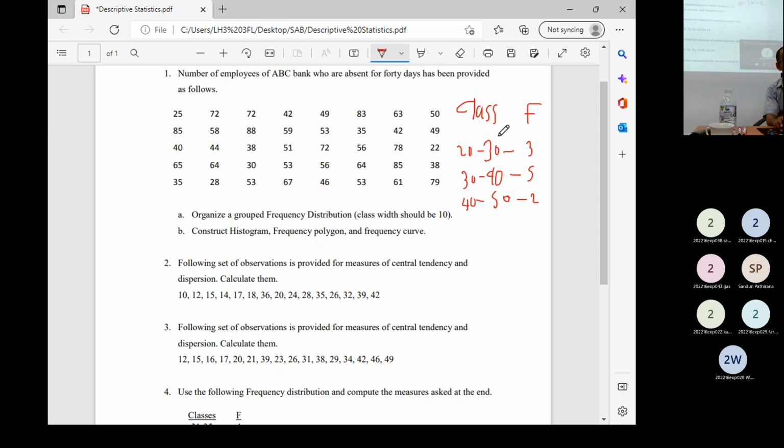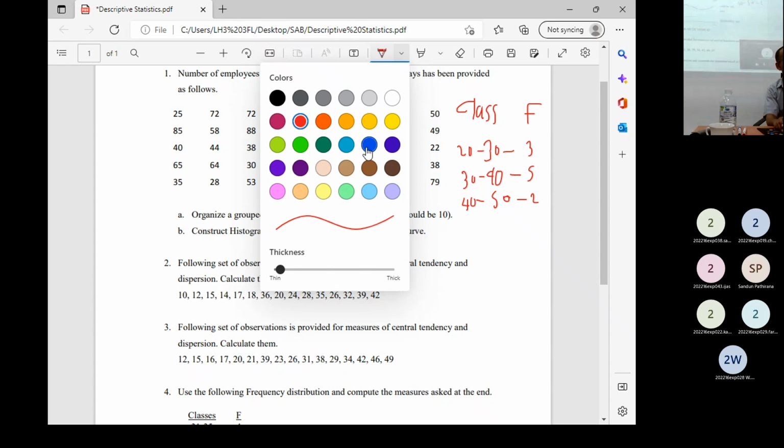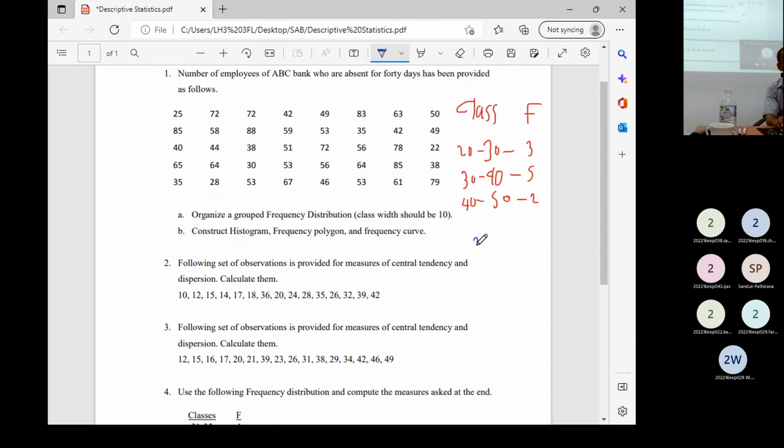Sometimes this group frequency distribution, you can arrange like this instead of this: 20 to 29, then adding 1, 30 to 39, adding 1, 40 to 49. That is most appropriate for this type of distribution.